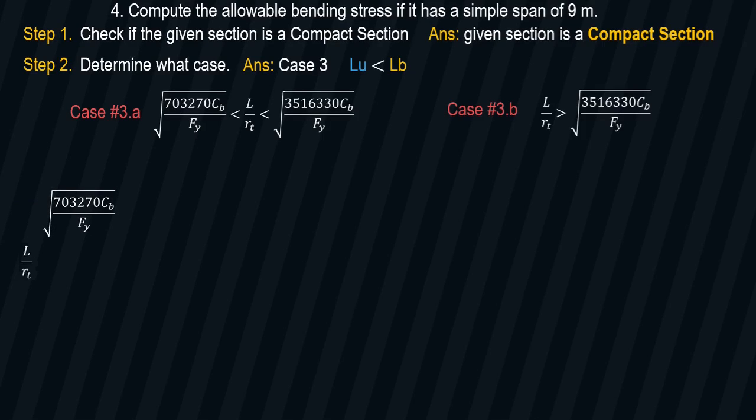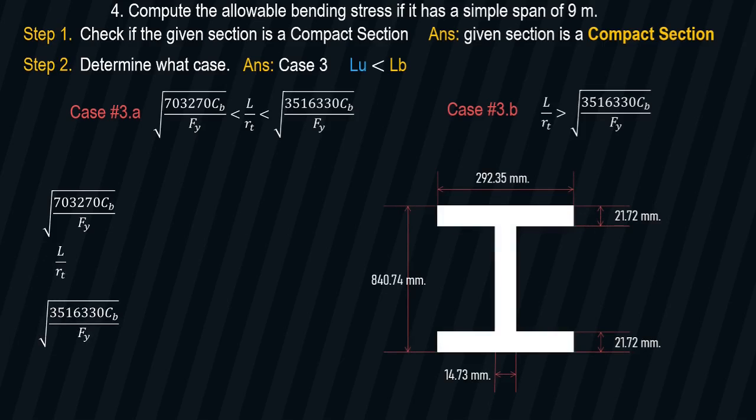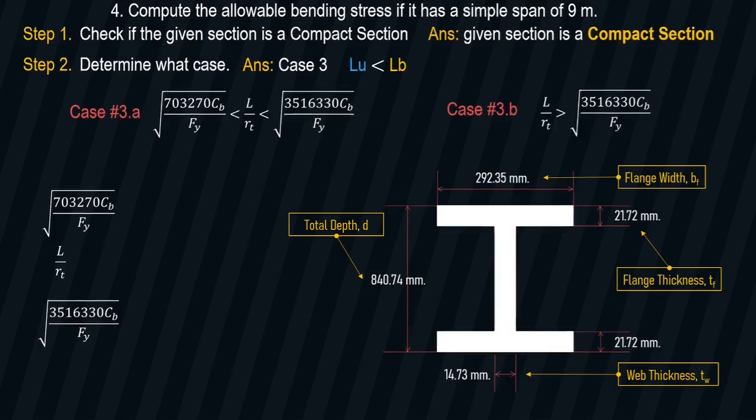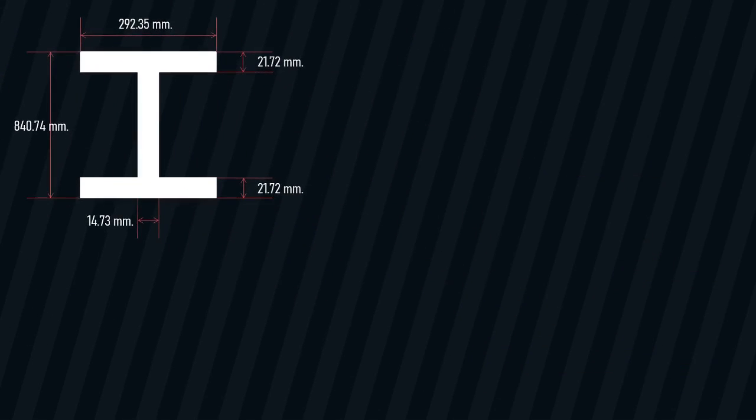And to do that, we will need the value of these three quantities. So solving for RT, we'll be using this section. So we have here the neutral axis, and we have the clear distance between flanges, which is equal to 797.30 mm.